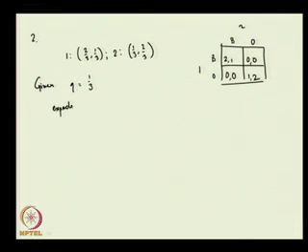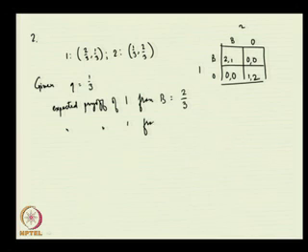Expected payoff of 1 from B is given by simply 2 divided by 3, and expected payoff of 1 from O is similarly given by 2/3.